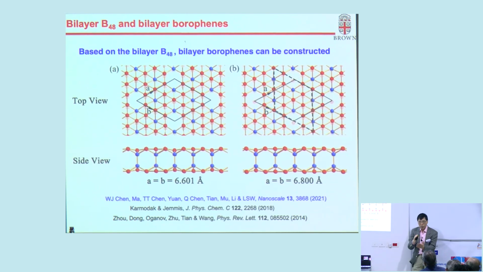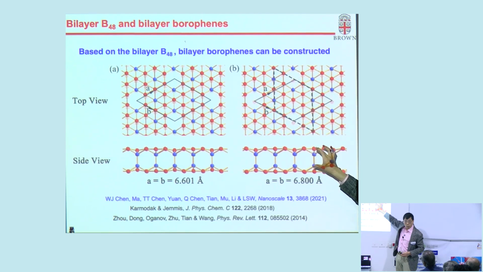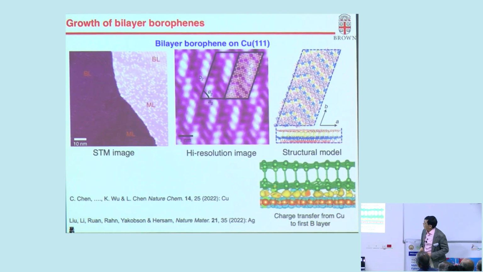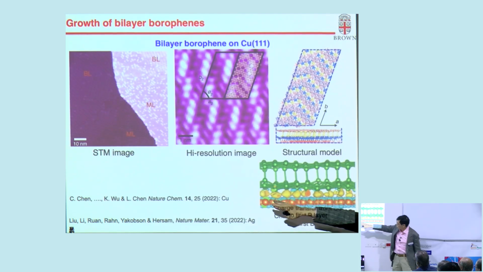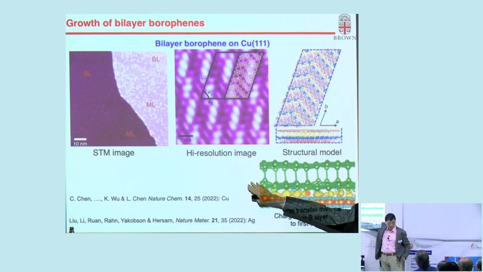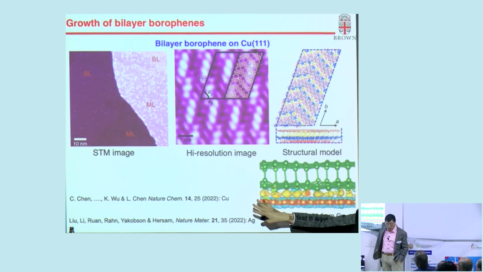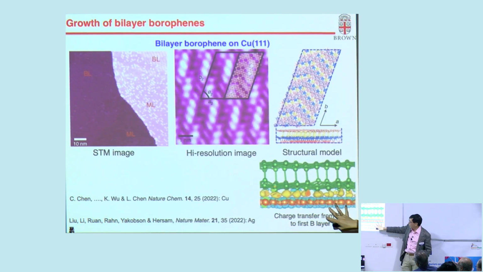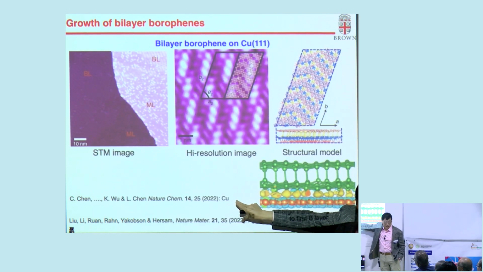This bilayer is not a van der Waals bilayer, right? Because you have interlayer boron-boron covalent bonds. Interestingly, the same two groups who initially synthesized borophene reported that bilayer borophene at almost the same time.